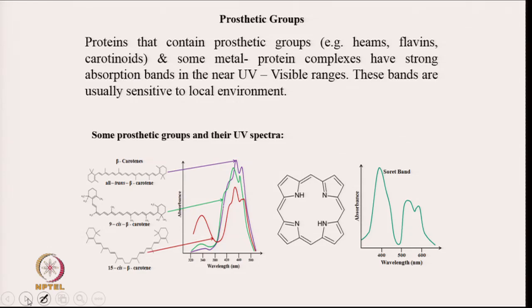So, what we can look at is, if we want to analyze a molecule, here it is a protein molecule, we have to look at what are the prosthetic groups in that molecule.